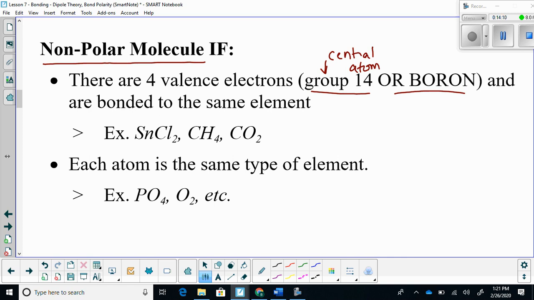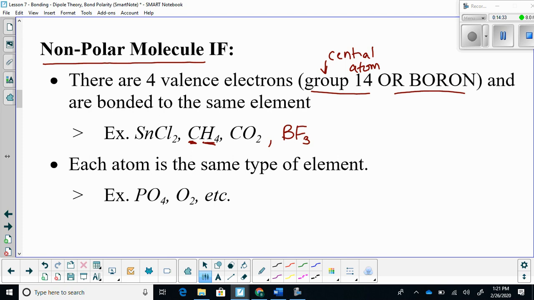Okay, so methane, carbon is attached to 4 hydrogens. That's the same type of peripheral atom. Carbon is bonded to 2 oxygens. The peripheral atom is 2 oxygens. Also, boron, an example is BF3, will also be considered nonpolar.